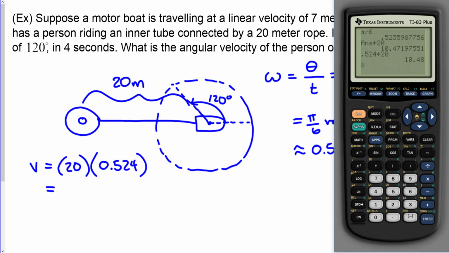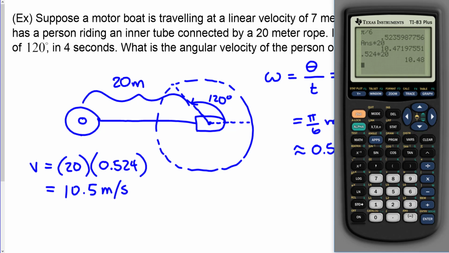So that would be approximately, let's just say 10.5. I'll round it to the first decimal. 20, that's measured in meters, so meters per second. So 10.5 meters per second.